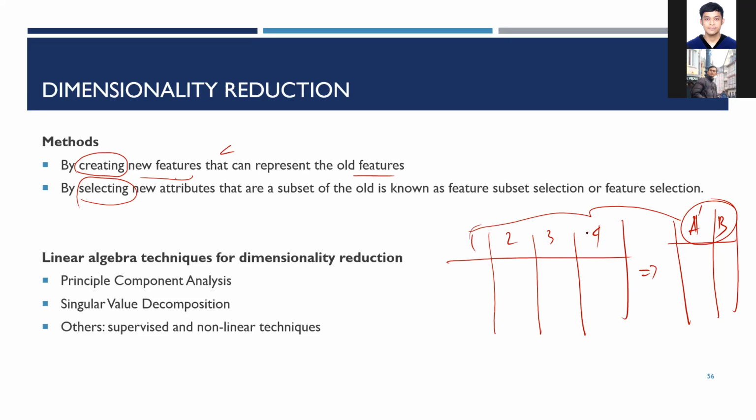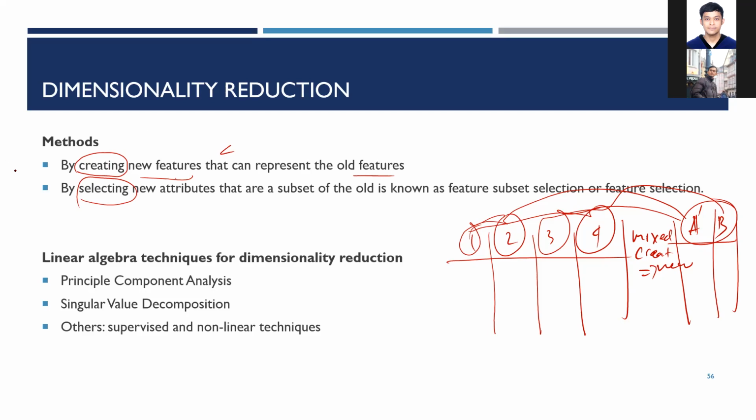So 1, 2, 3, 4 are a combination, a mix, and then we create new ones. We don't know whether A belongs only to 1 and 2, and B belongs to 3 and 4. No, this is not the mechanism. Creating means that we combine and mix all the features, and then create the new ones.